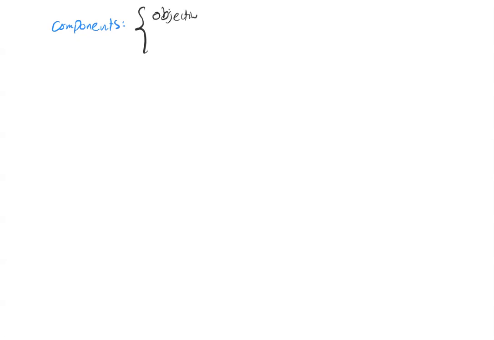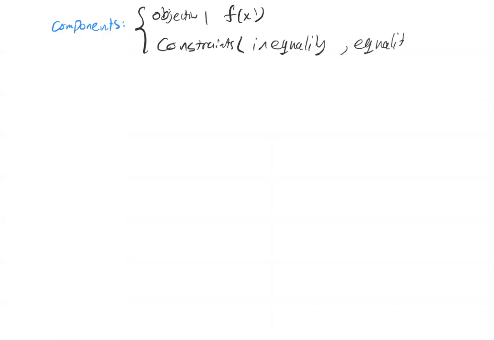Objective, let's call it f of x. Constraints, that could be inequality or equality constraints. Inequality, we can show it by h of x less than or equal to 0. Equality, g of x equal to 0.